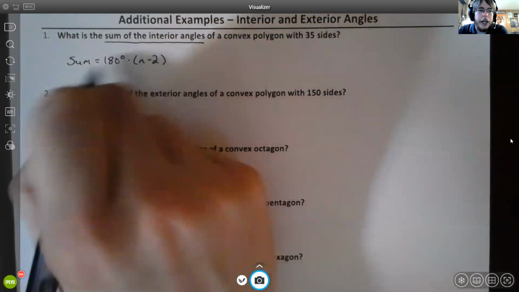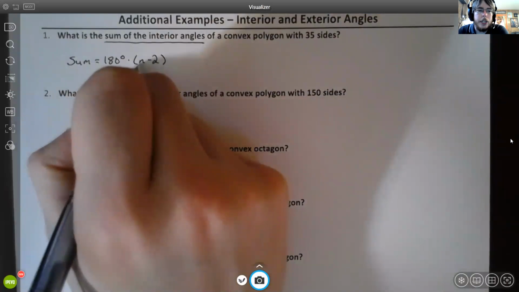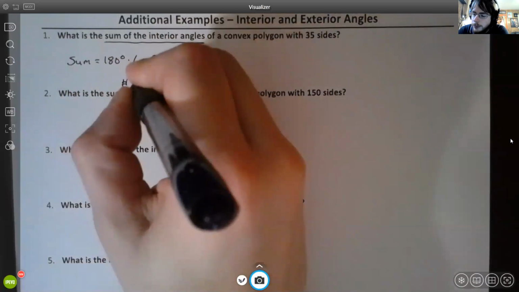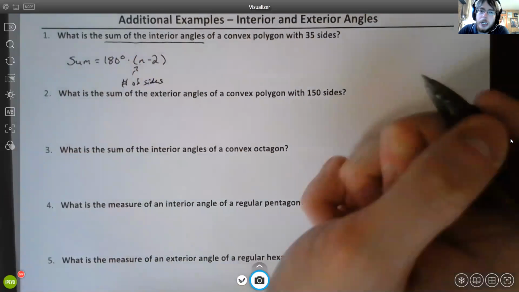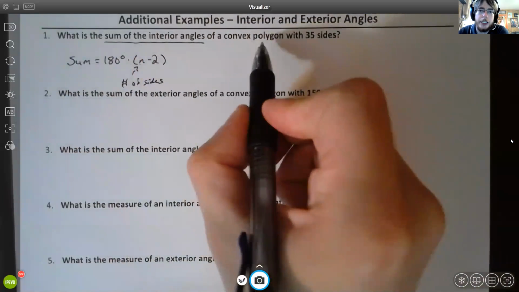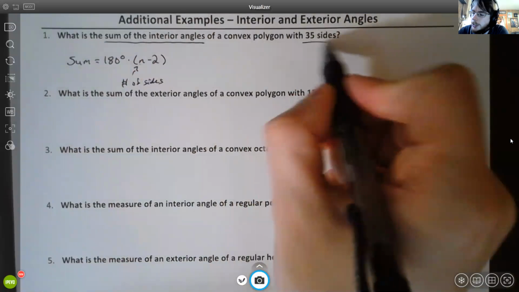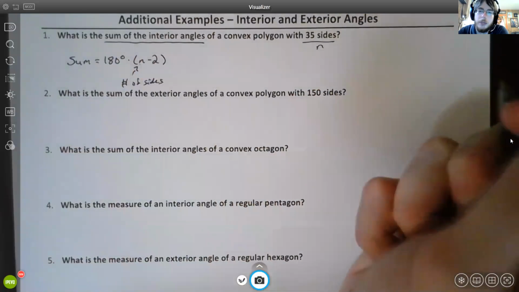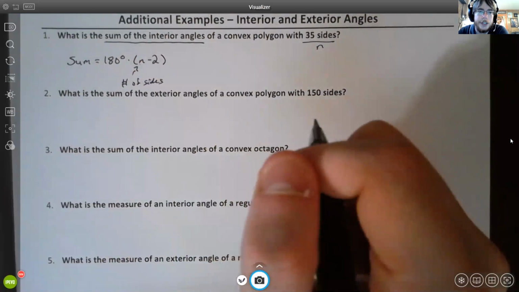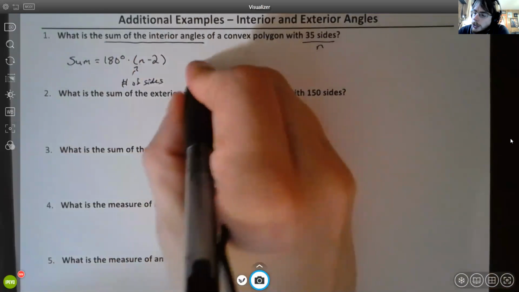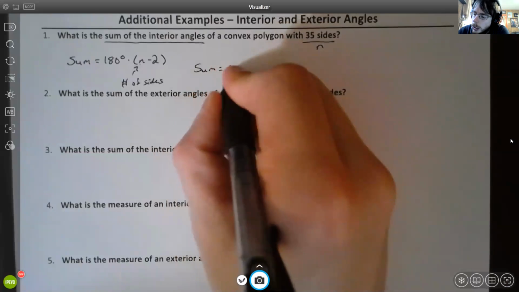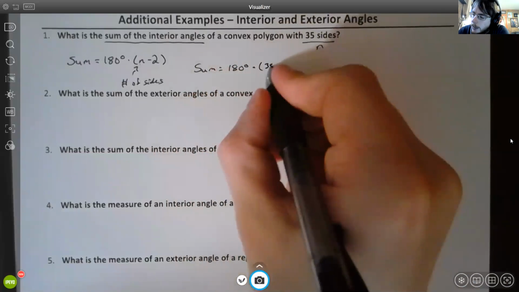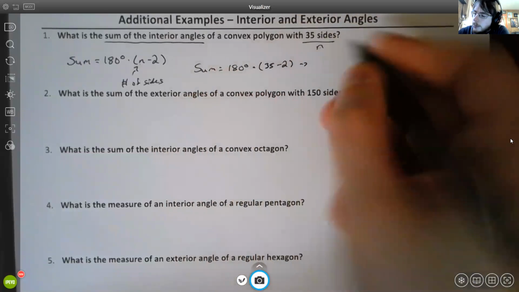Now, to find the sum, we need to know n. And remember that n is the number of sides. In our problem, it says a convex polygon with 35 sides. So n is equal to 35, because it straight up tells us they have 35 sides. So our sum is equal to 180 times n, which is 35, minus 2.